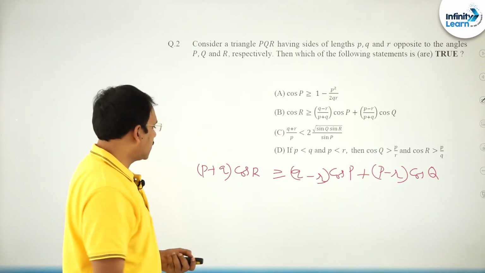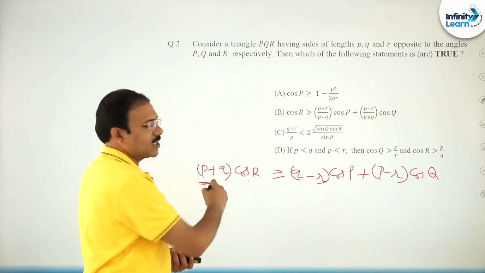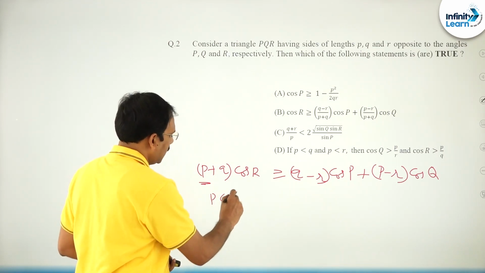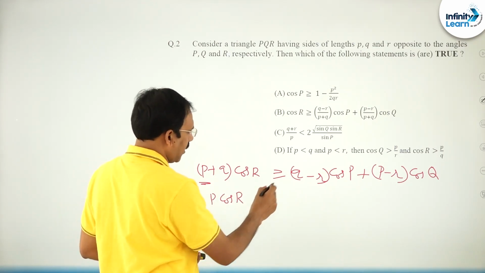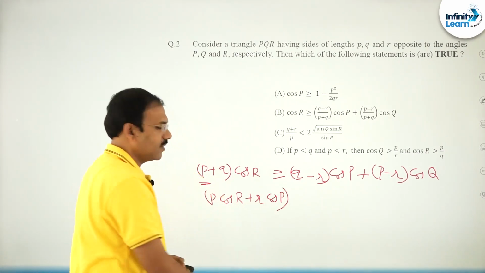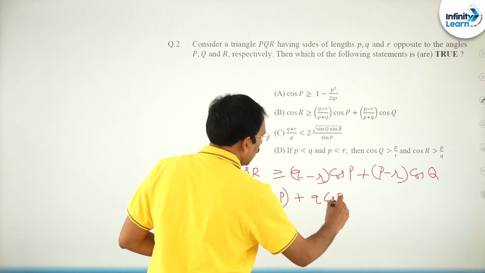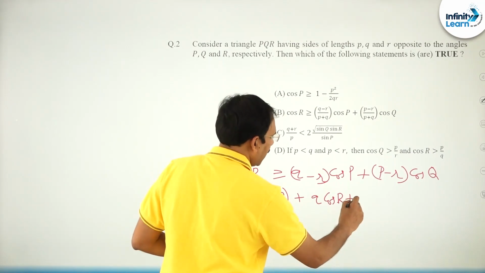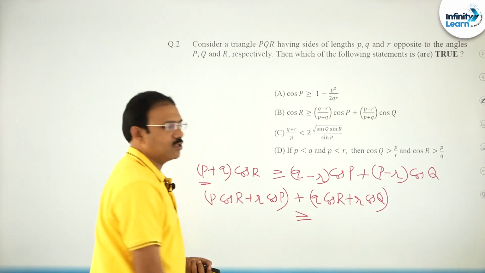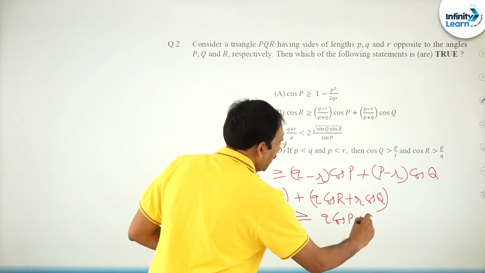Now friends, if you multiply, P cos R minus R cos P will come here. By the projection rule, P cos R plus R cos P is one term. In the same way, Q cos R minus R cos Q will become plus R cos Q, is greater than or equal to Q cos P plus P cos Q.